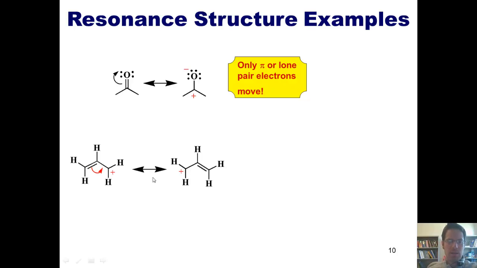In this example, you'll note that we've got a positively charged carbon here. Now what that means is that this carbon only has 6 electrons around it. I can have these pi electrons swing like a door on a hinge. Now if you can imagine having a bird's eye view looking over a door, if the hinge of the door were right here, this door could swing open and close.